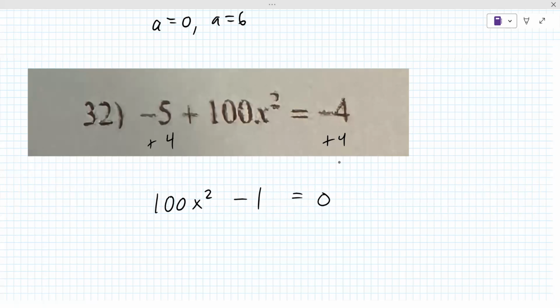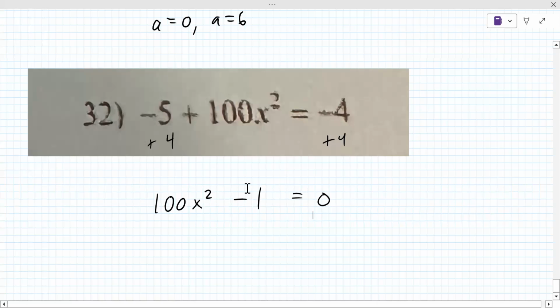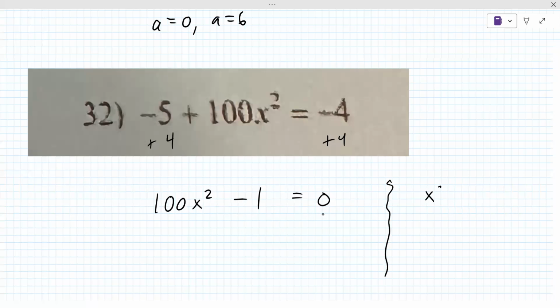This is a difference of squares, but you can also use the square root method. If you're going to use the square root method, then it's the one exception where you move everything to the other side. You just have to remember it's plus or minus when you get your solutions.